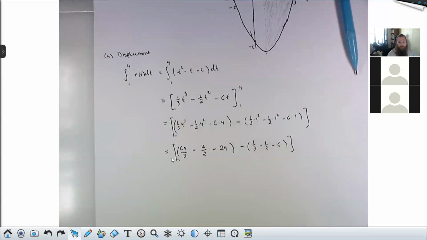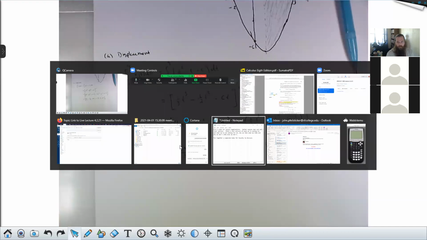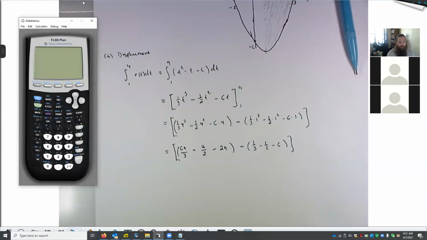We can combine these taking our time if we want to. I might, just for sake of brevity, employ a calculator here. So this is 64/3 minus 16 halves is 8, minus 24. And then we'll have minus 1/3.